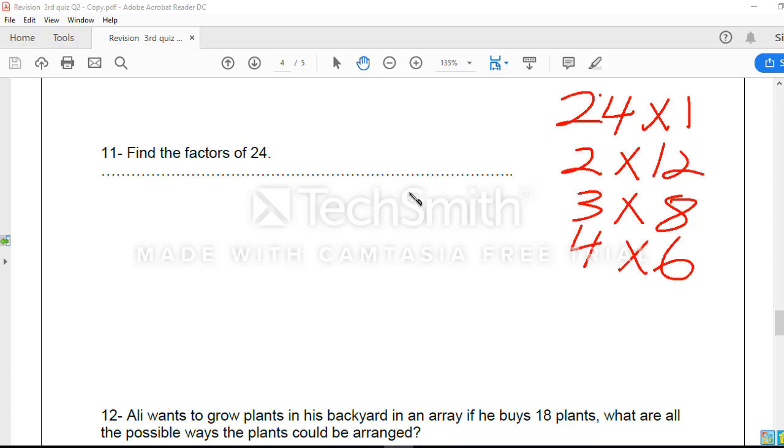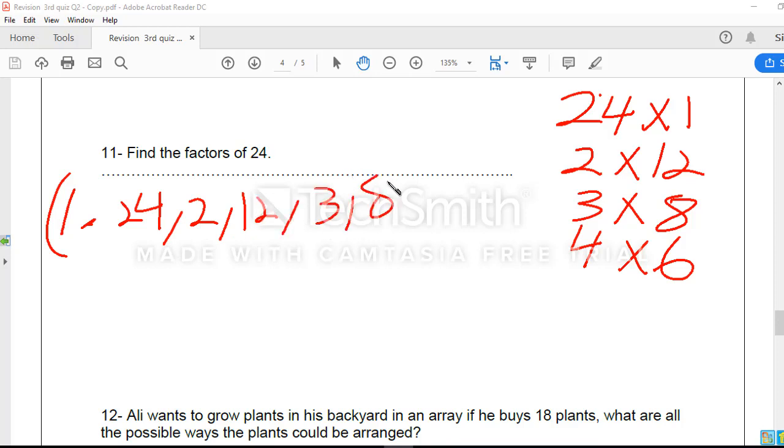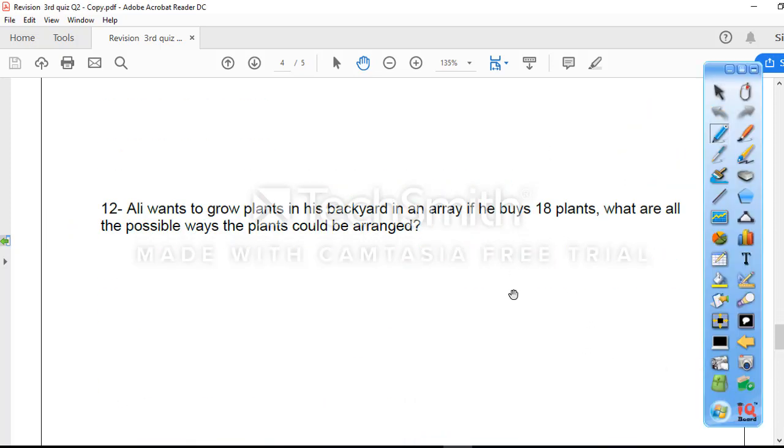All of those are factors of 24. So we have to list the factors here. I need you to list the factors. You can write 1, comma, 24, comma, 2, comma, 12, comma, 3, comma, 8, comma, 4, comma, 6. You have to list them. The order is not important, you don't have to put them in order.